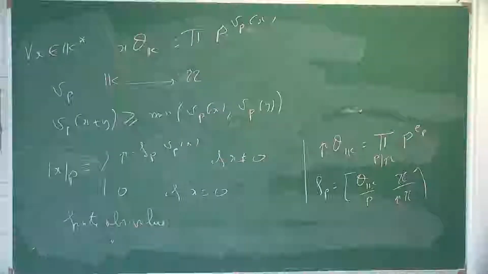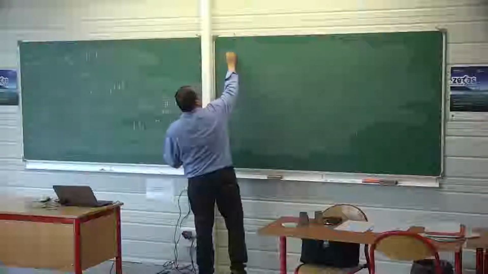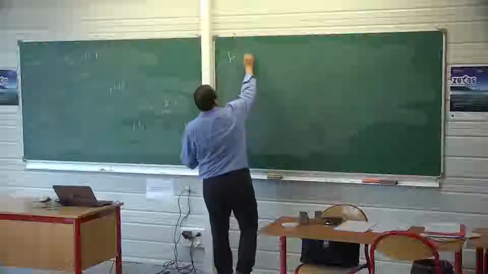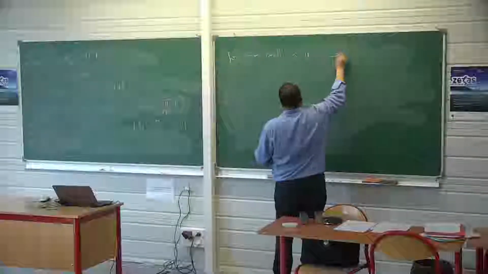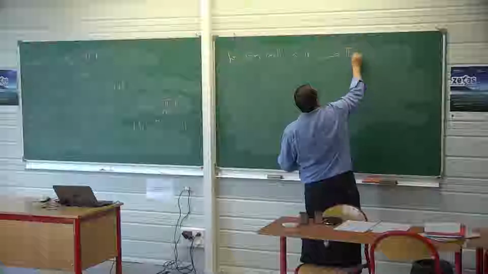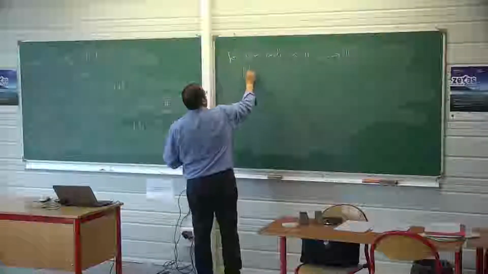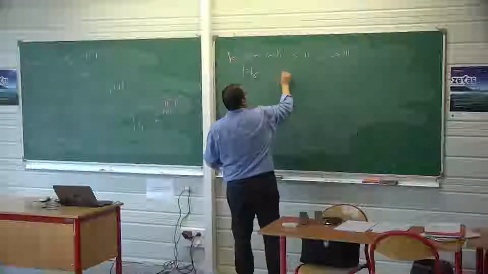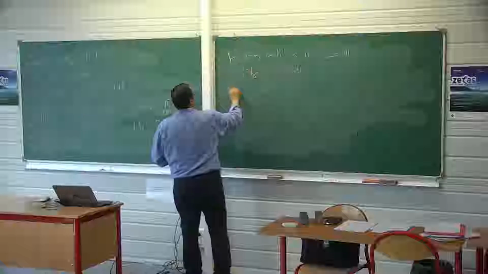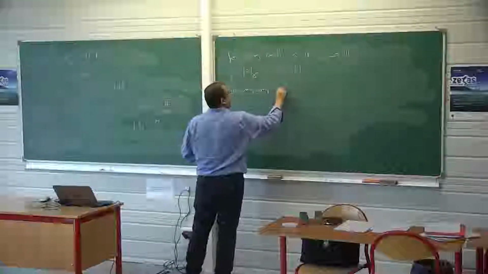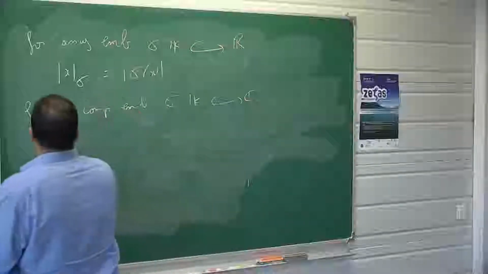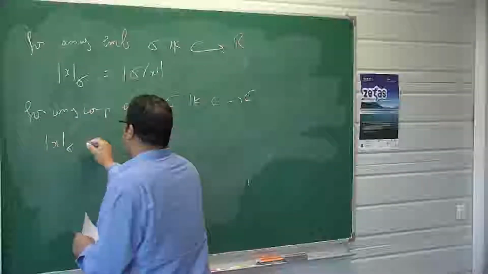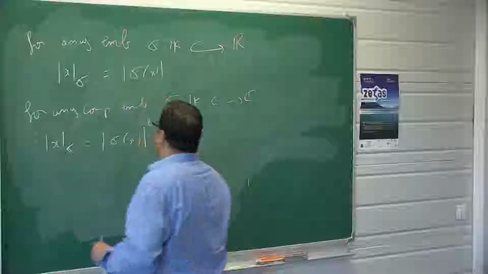And you have also Archimedean absolute values. For Archimedean absolute values, we need embeddings of K. For any real embedding sigma of K in R, we define the absolute value of x by the absolute value of sigma of x, and for any complex embedding sigma of K, we define this absolute value as the modulus of sigma of x to the power 2.